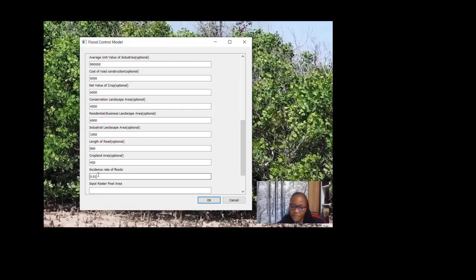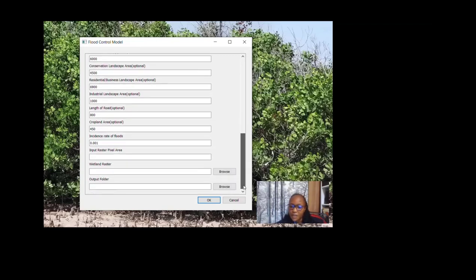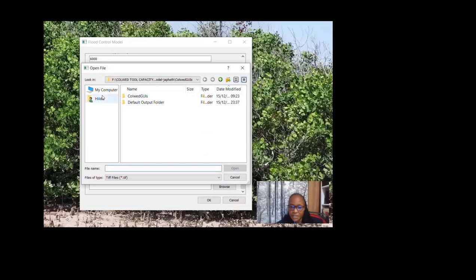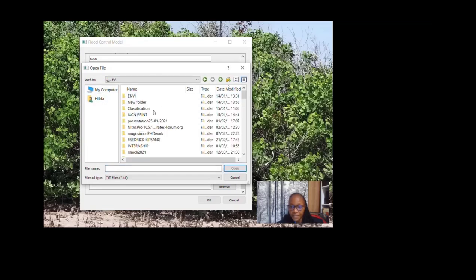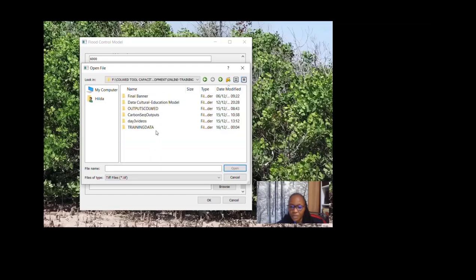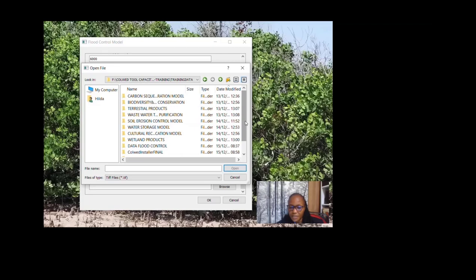Probably the frequency of floods is not so high, so that we do not end up overestimating the ability of the wetland to control floods. Like I said, our raster data is Landsat, so it's 900. Then we input the wetland raster, that is supposed to acquire this value as a result of being in a position to control floods in the landscape that we are assessing.